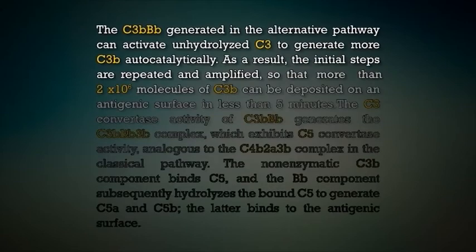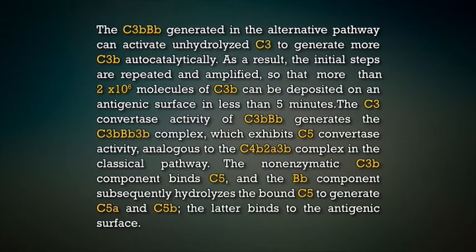The C3bBb generated in the alternative pathway can activate unhydrolyzed C3 to generate more C3b autocatalytically. As a result, the initial steps are repeated and amplified so that more than 2 × 10⁶ molecules of C3b can be deposited on an antigenic surface in less than 5 minutes.